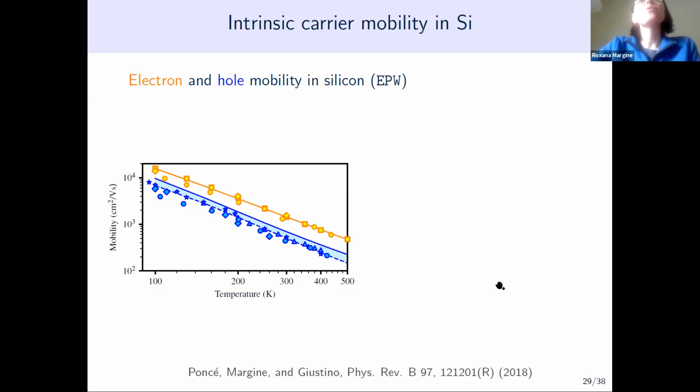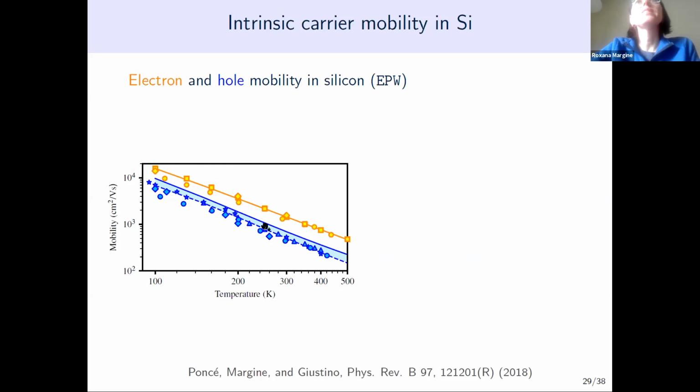This is the example of the intrinsic carrier mobility in silicon. In orange and blue are the electron and hole mobilities, where the lines are calculations and the dots are experimental data. We can see that in the case of holes, the DFT results show an overestimate.